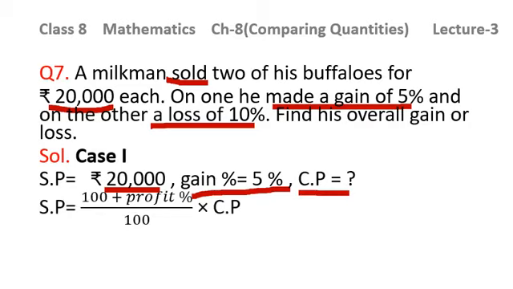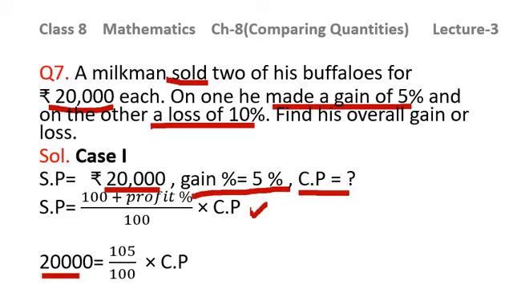Here I have used the formula which I told you. You can do another way also. So in terms of SP, the formula is SP equals 100 plus profit percent over 100 into CP. This is the formula in case of SP. I have put the values, that is SP is given to you as 20,000.